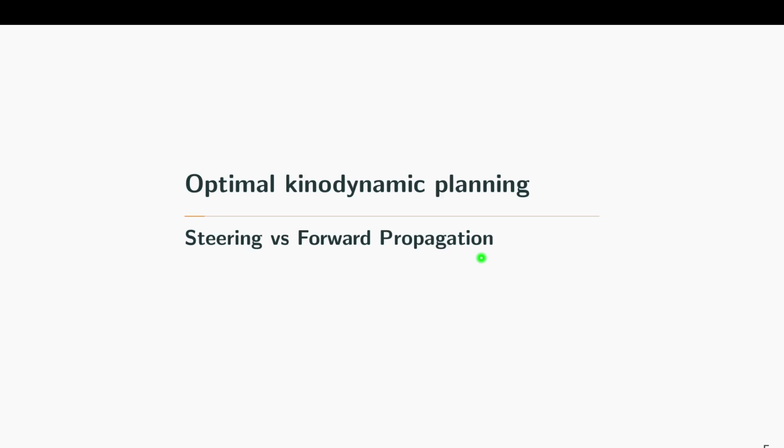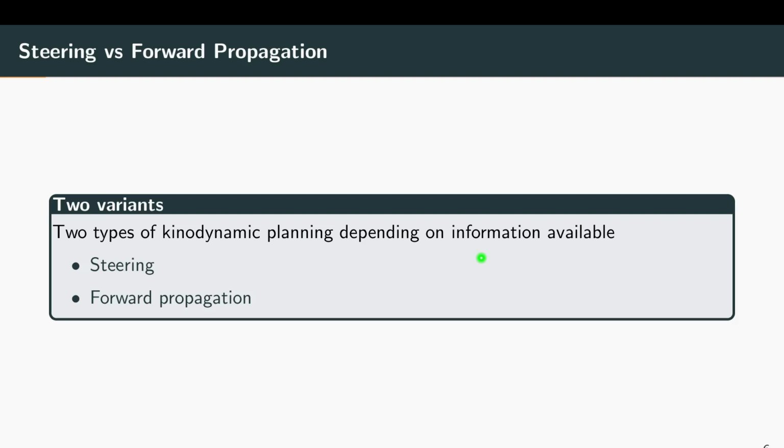And then we have a fourth method that doesn't exactly follow the pattern that we also consider. So let's first start with general variants. Generally speaking, there are two ways you can deal with this dynamics function. The first one is known as steering, and the second one is known as forward propagation.